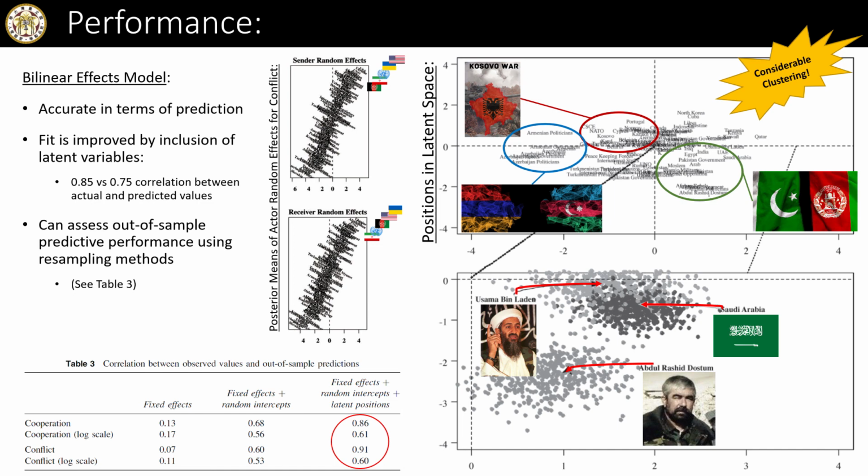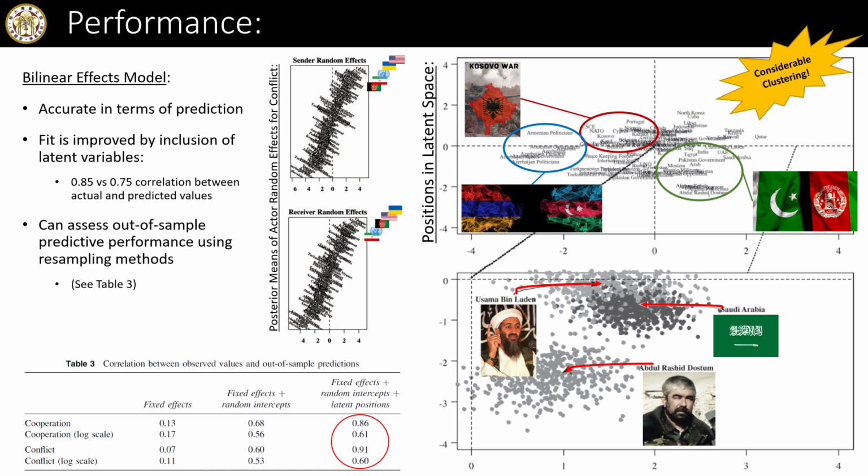They show the out of sample prediction power, or correlation, whether they simply look at fixed effects, include random intercepts, or whether they also include the latent positions.